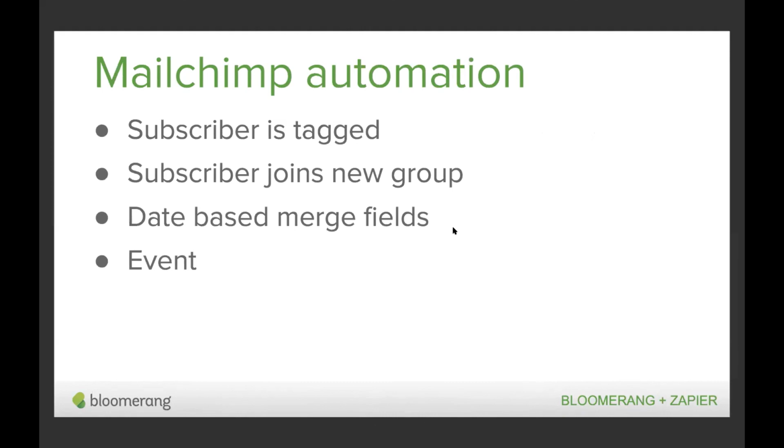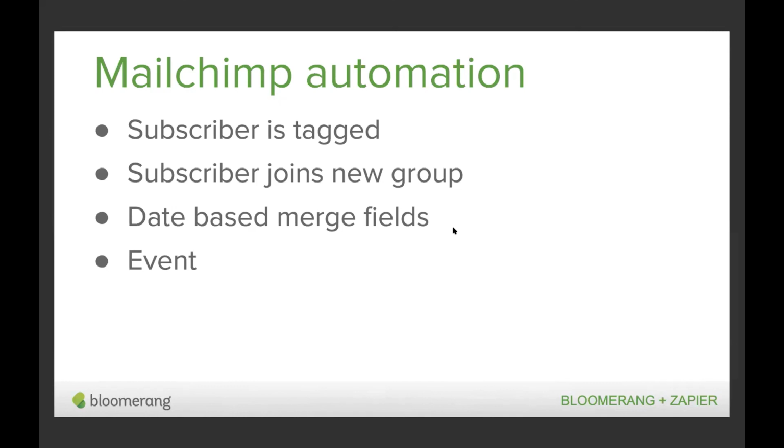So Mailchimp's automation tool can trigger an email when a subscriber is tagged, when they are added to a new group in your audience, or when a date-based merge field meets certain criteria. So again, that latest transaction date. Let's say we wanted to set it so that if it's more than 365 days ago, it triggers a lapsed donor targeted email.